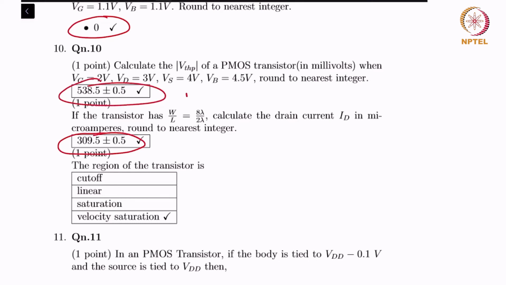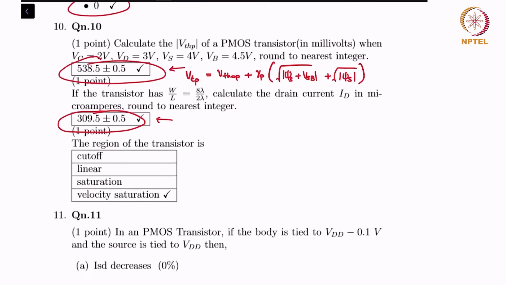The threshold voltage formula, of course, is VTP is equal to VTH naught P, which is negative, plus gamma P, which is also negative for a PMOS, times mod of psi S, which is negative, plus VSB, which since the source is at VDD will be positive, plus square root of mod psi S. Right, so just substituting the various values into this will give you this answer, and getting that VTP into the universal current formula will give you this answer.